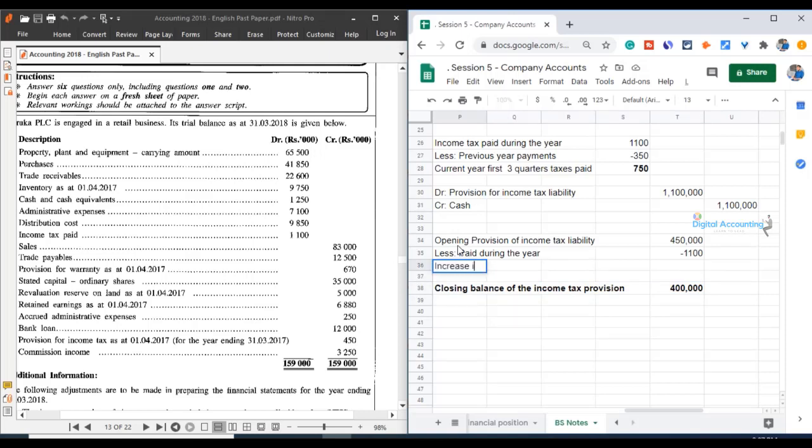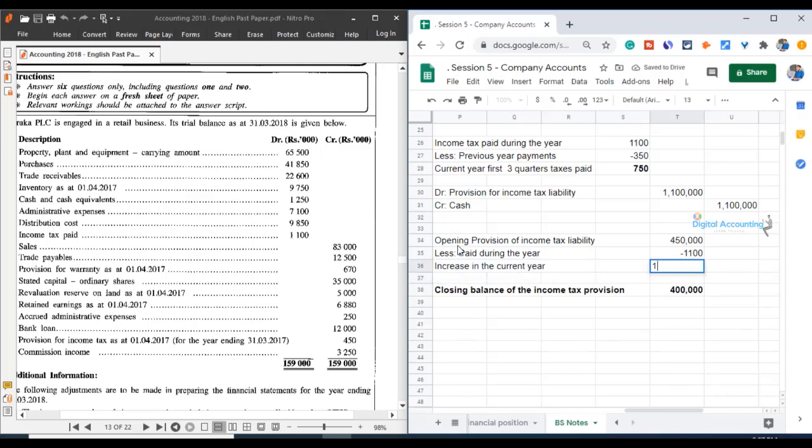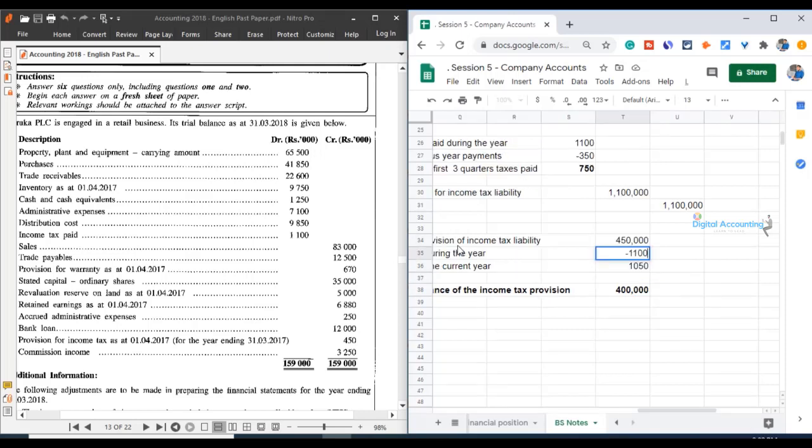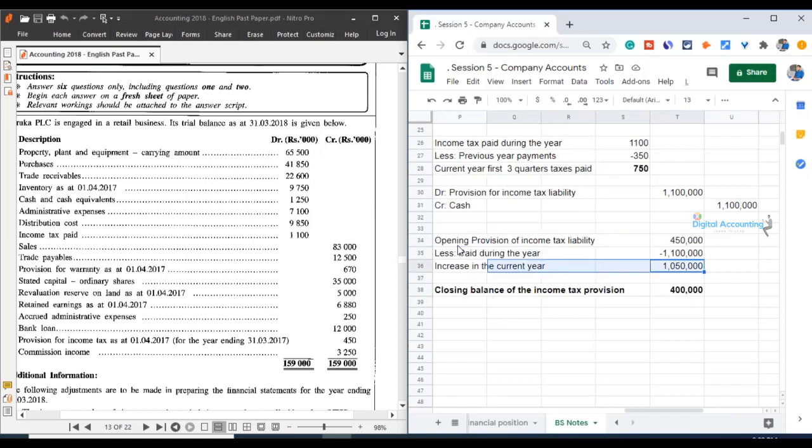So now in the account, the increase in the current year should be 1,050 to make this balance 400,000. If you add 450,000 and take away 1,100, this is in rupees thousands, so to reach 400,000 the increase in the current year is 1,050,000.